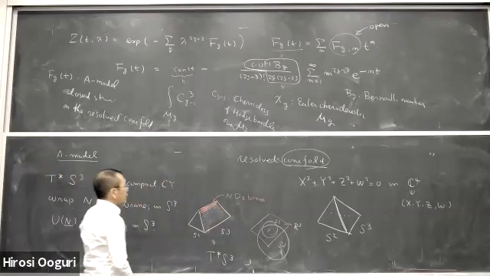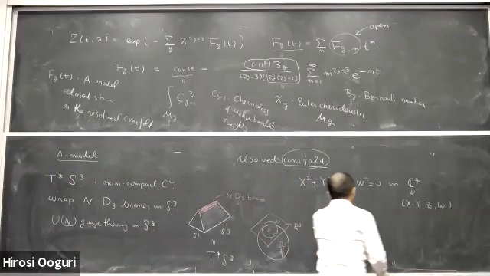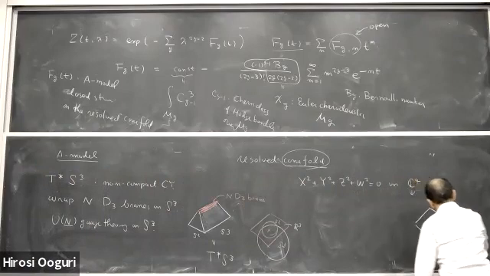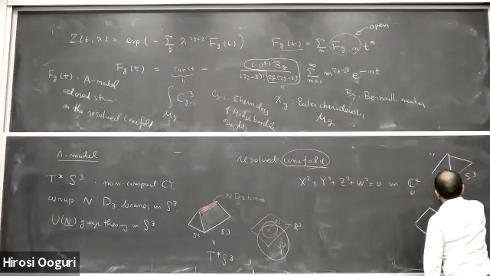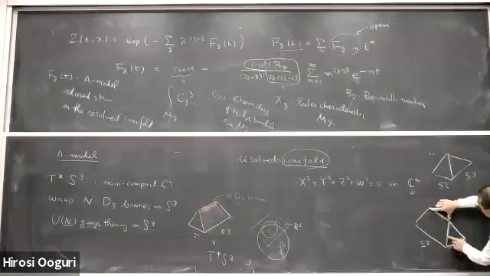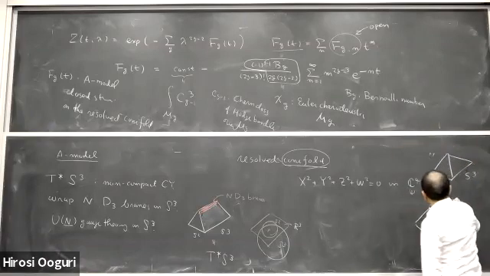But there is another way of resolving it, which is to make S2 large. So instead of making S3 large, we might consider S2 large. As you go to the pinnacle, S2 does not shrink to zero size, but has finite size, and it turns out that that size is parameterized by T, the 't Hooft coupling.